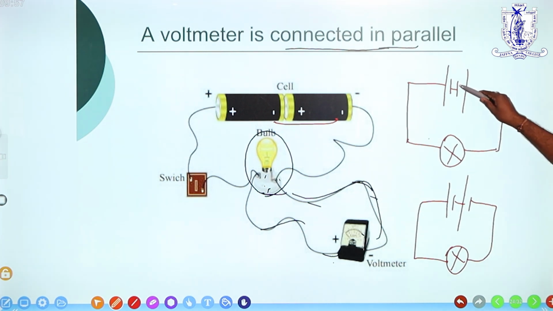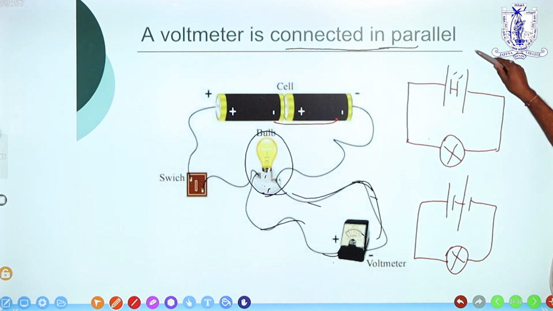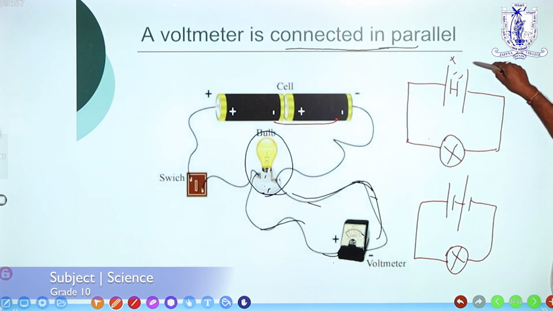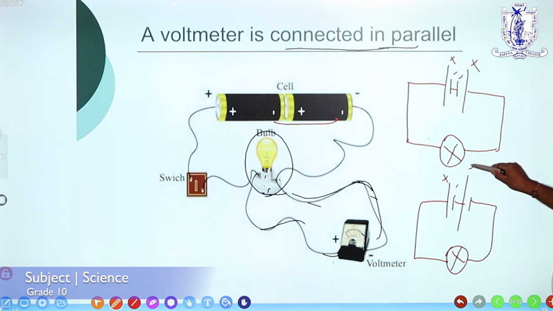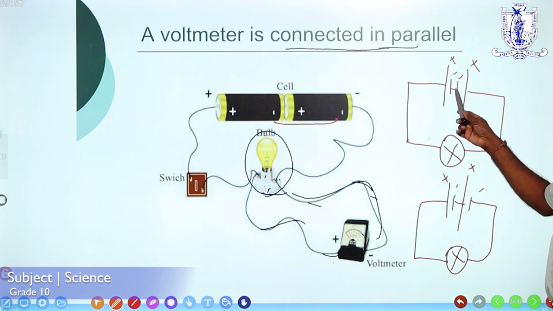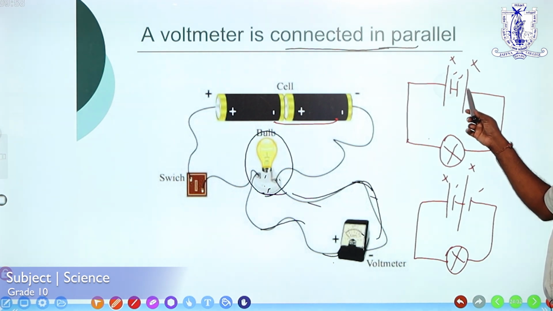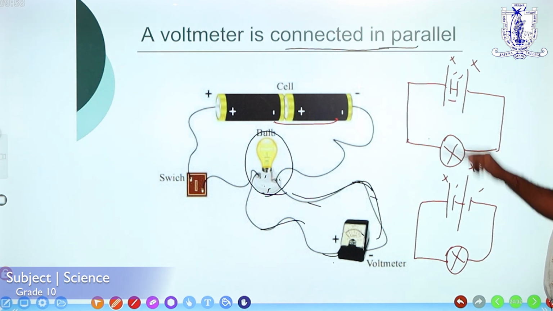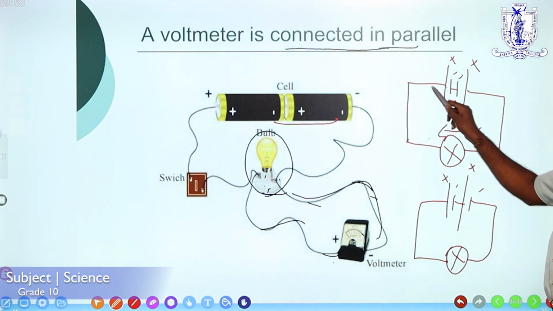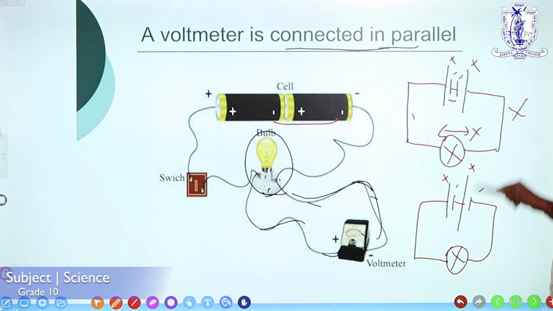Here this one is negative, and this is negative, and this is positive, and this is positive. The voltage is pushing the electrons, but here there is no voltage difference, no potential pulling the electrons, so there is no current passing through the circuit.